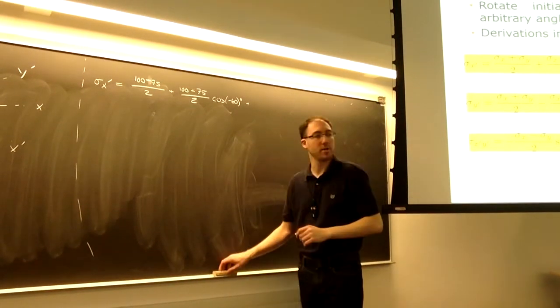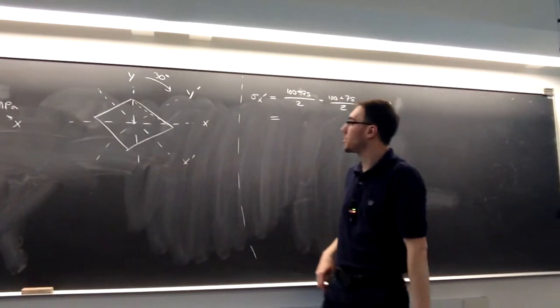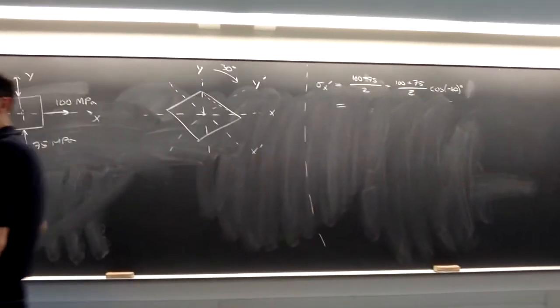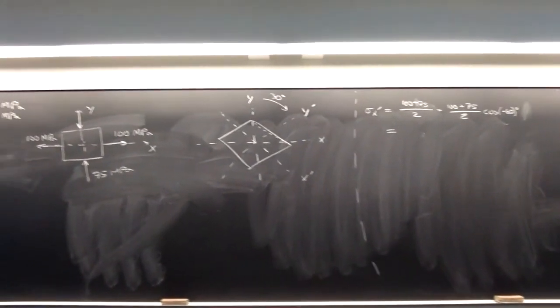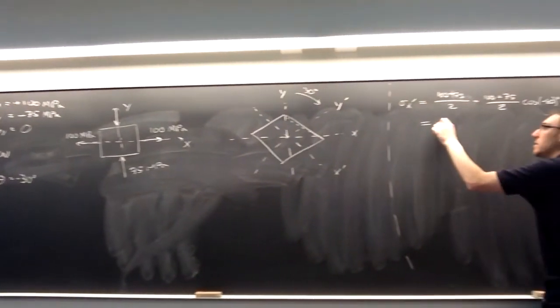Well, tau xy was originally 0, so I won't include that term here. So calculating this out, the normal stress on the new x prime face, I get positive 56.3 megapascals.